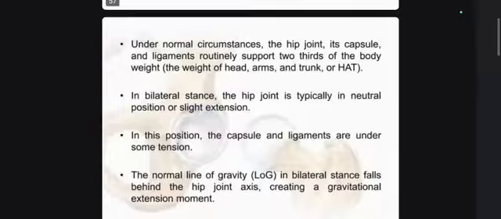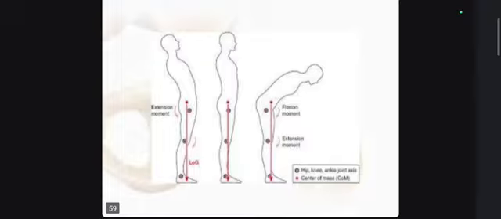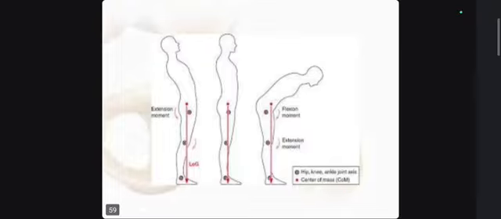The normal line of gravity in bilateral stance falls behind the hip joint axis, creating a gravitational extension moment. This diagram shows the lumbo-pelvic rhythm, hip-knee angle, joint axis, and center of mass.